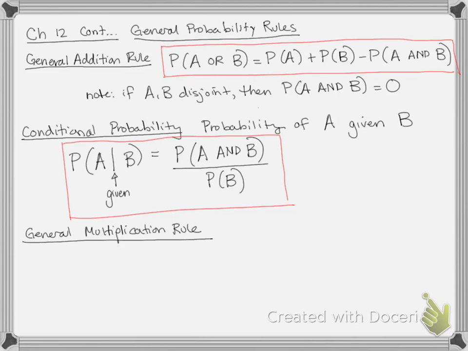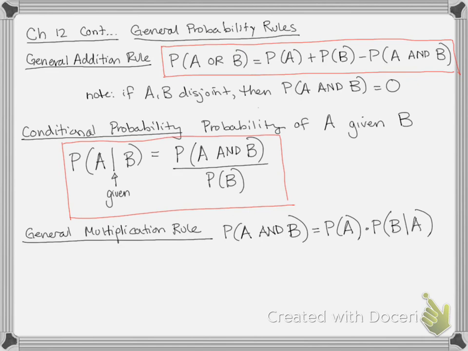So the general multiplication rule would be for the word and. Okay, and the general multiplication rule says that it doesn't matter if we talk about P of A and B and them being independent. We could start with the probability of event A, and then we could multiply by the probability of event B given that A already happened.